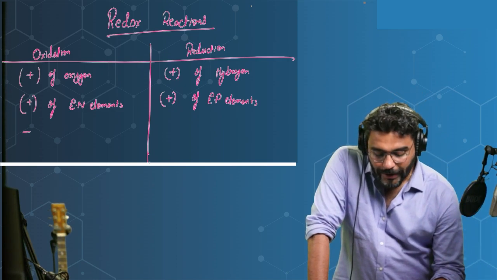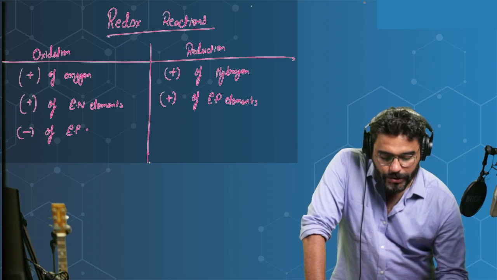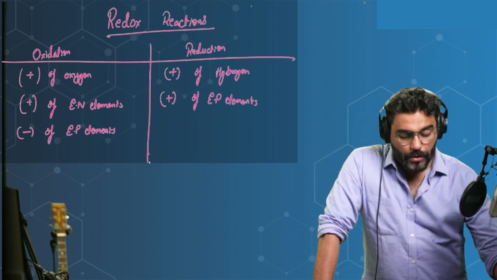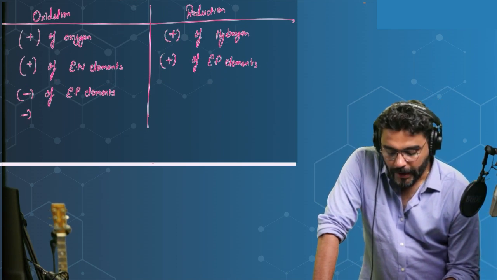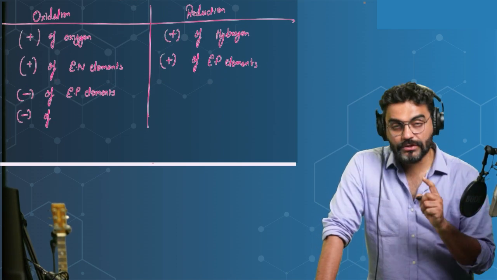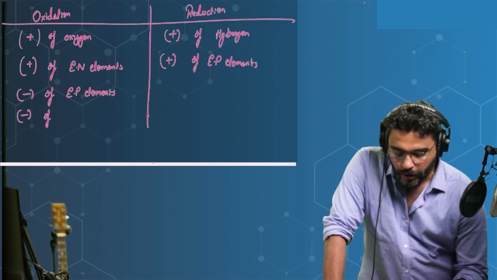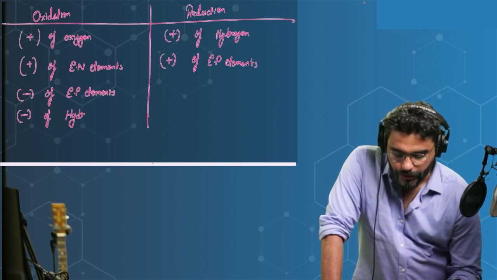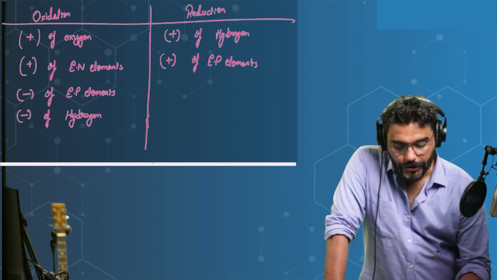Removal of an electropositive element, the opposite of an electronegative element, was the definition of oxidation. And the electropositive element in redox reactions is hydrogen or oxygen? Hydrogen. So removal of hydrogen was also known as oxidation.